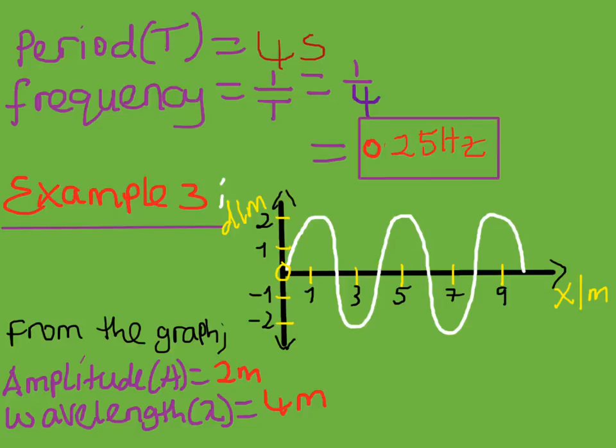From 0 to 1, 1 to 3, 3 to 5 to 7 to 9. So a complete wave is made at the point 4. So the wavelength of our wave is 4 meters, meaning from 0 to 4 gives us a complete wave.